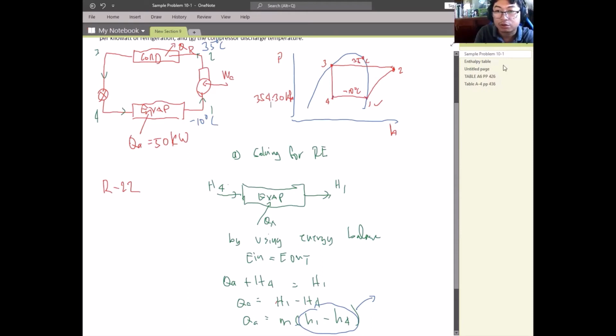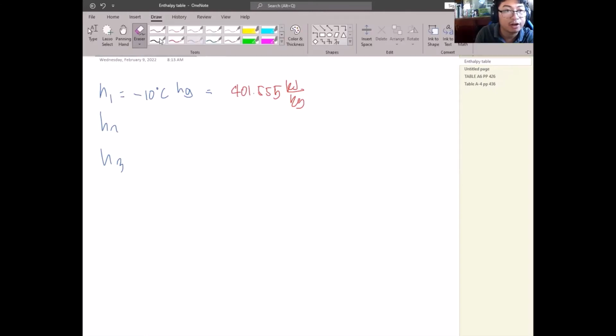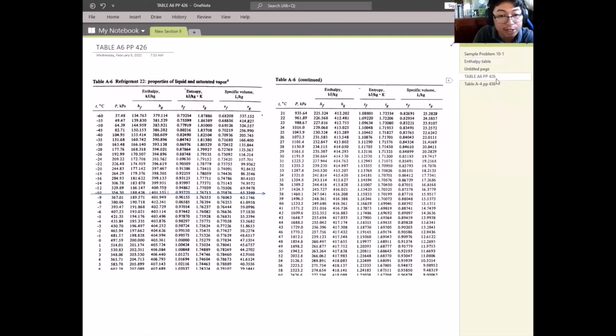Okay, so we already know that H3 is equals to H4. And H3 is at 35 degrees Celsius HF of R22. So we will go to saturated table of R22, table A6, page 426.